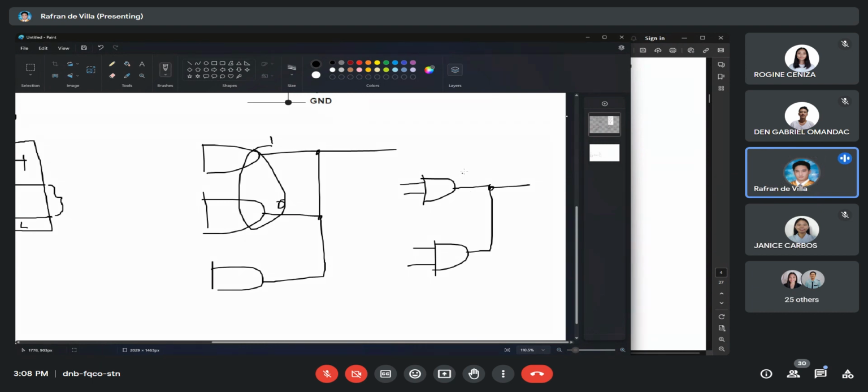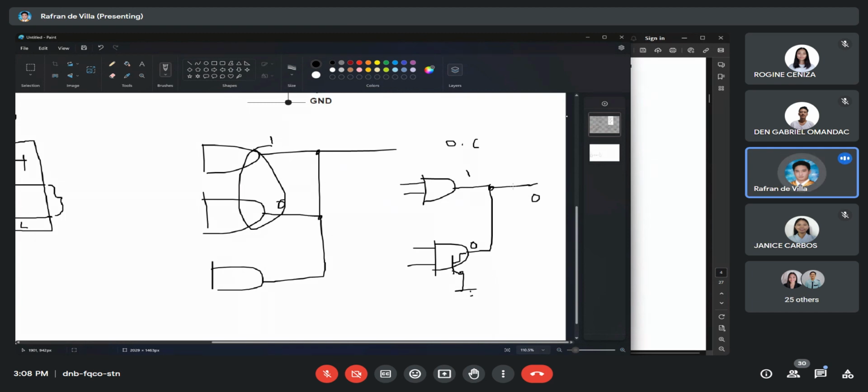Kung kani naka-high, kani naka-zero, kung naka-high, equivalent to open circuit. Kung kaning usa naka-zero, so meaning ang output nimo diri nga mo reflect is also zero, kay ang mo reflect diri would be ang signal that has been pulled to the ground. Whereas kani, wala ra, kay open raman siya.